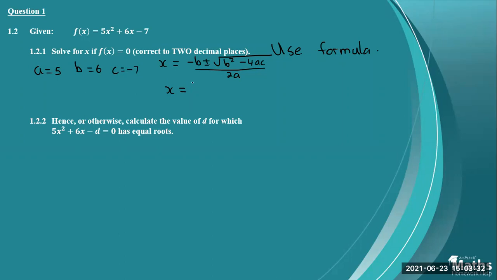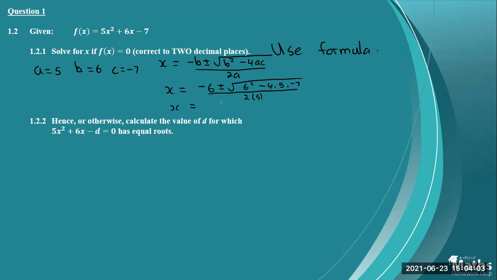So I'm going to sub in: x is equal to negative b, which is 6, plus or minus, and then it's b squared. So it's going to be 6 squared minus 4 times a, which is 5, times c, which is -7, over 2 times 5, which is 10. I normally like to simplify the inside.